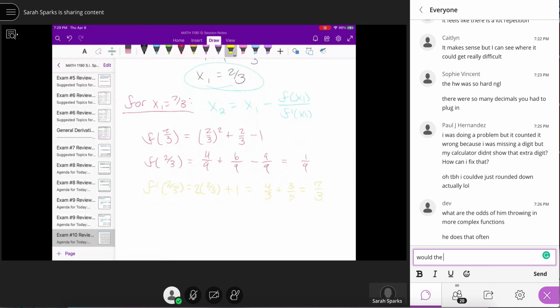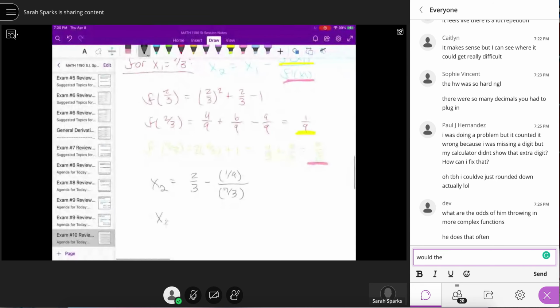Alright, so that means we're going to plug in 1/9 for that f of x1, and then we're going to plug in 7/3 for that f prime of x1. So we'll have x2 is going to be equal to 2/3 minus 1/9 divided by 7/3. Right, so we can just use keep change flip and get 1/9 times 3/7.